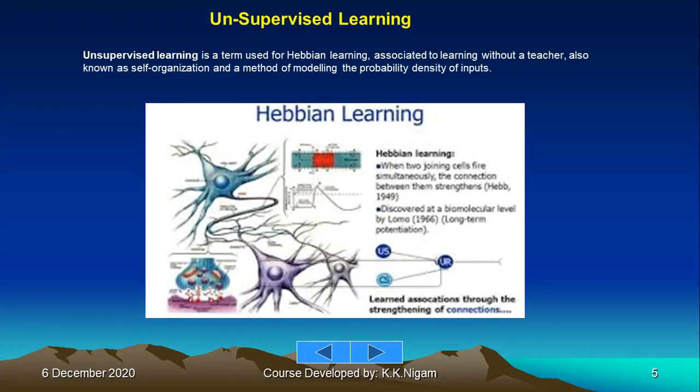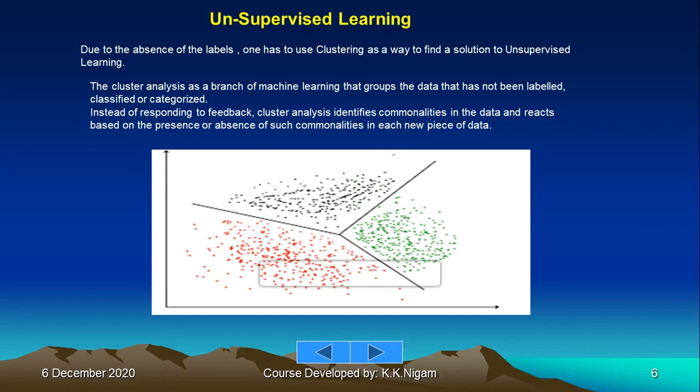Unsupervised learning is a term used for Hebbian learning, associated with learning without a teacher. That means you don't have a teacher to guide you, but still you have to learn. It is also known as self-organization, and a method of modeling the probability density of inputs. Due to the absence of labels, one has to use clustering as a way to find a solution to unsupervised learning.